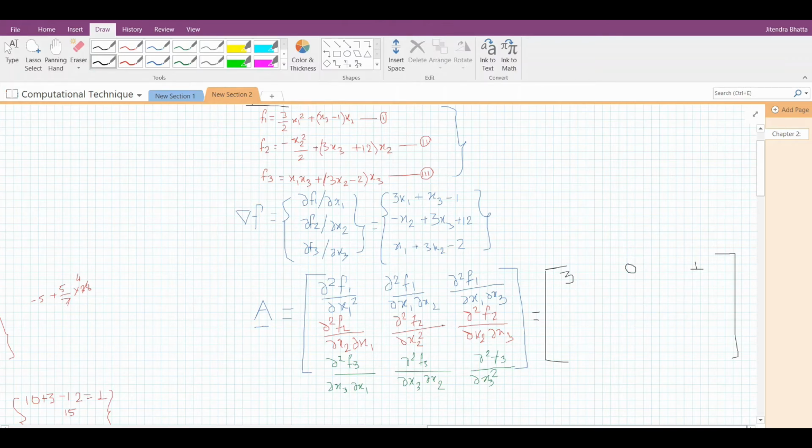Again, this one with respect to x1 first will give us 0, and for this one with respect to x2 2 times will give us minus 1, and then for this one x3 goes x2 will give us 3x2, and then this will be equal to 3. Here first we have to find the derivative with respect to x1, which will be x3, and then with x3 it will be 1.